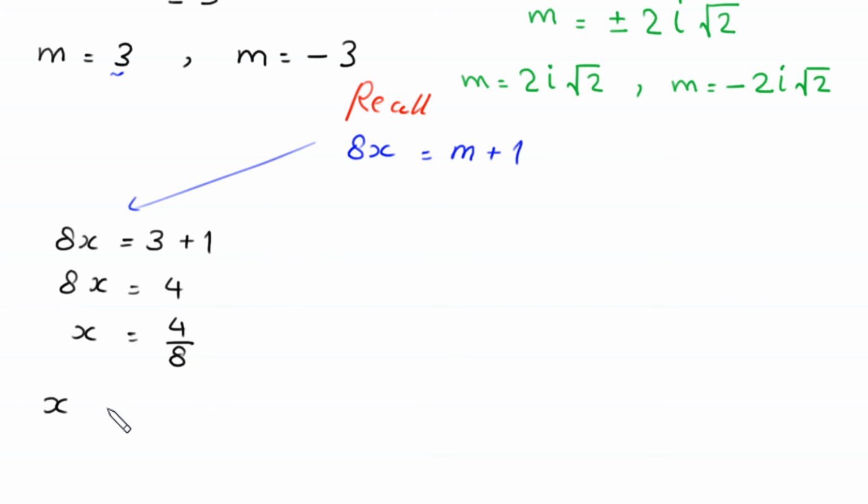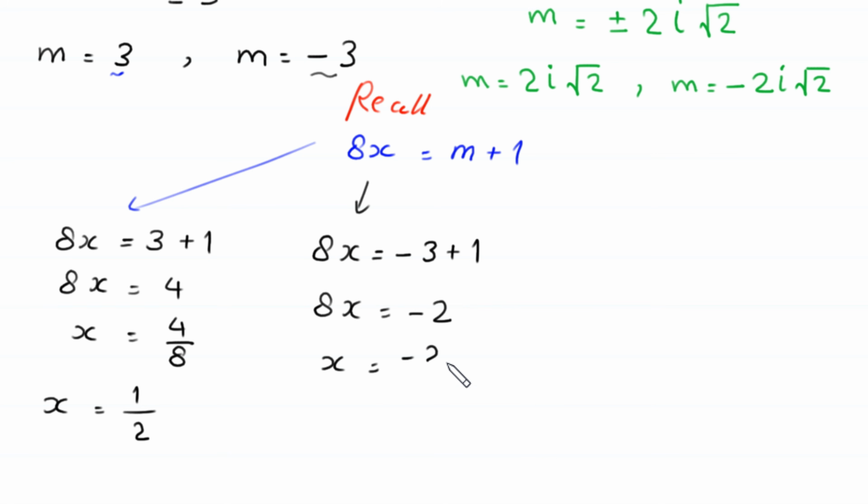From here we get the value of x, 1 over 2. When m is equal to negative 3, then 8 times x is equal to negative 3 plus 1, and this implies that 8x is equal to negative 2, and x is equal to negative 2 over 8, and x is equal to negative 1 over 4.